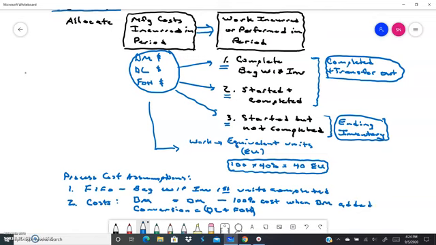So, for instance, let's say we're working on a batch of paint, and there's a big container, and we pour in the direct materials, and it's 1 day before the end of the month. We're going to assume that the entire cost of the direct materials was incurred that month. Even though maybe we haven't done anything to them, 100% of the cost of the direct materials will be included in the cost of the production for that month.